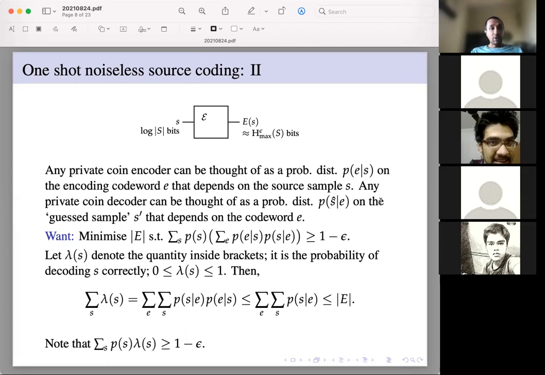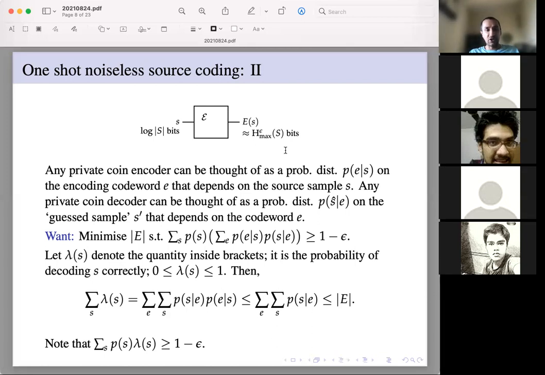And what is the private coin decoder? Just one second. So this small e is a sample from the marginal distribution of capital E, right? No, small e is a symbol from the code word space. Remember, the code word space eventually, as you'll see, will be H_max^epsilon(S) bits. I'm just wondering what the joint distribution is on the source along with the code words, right?